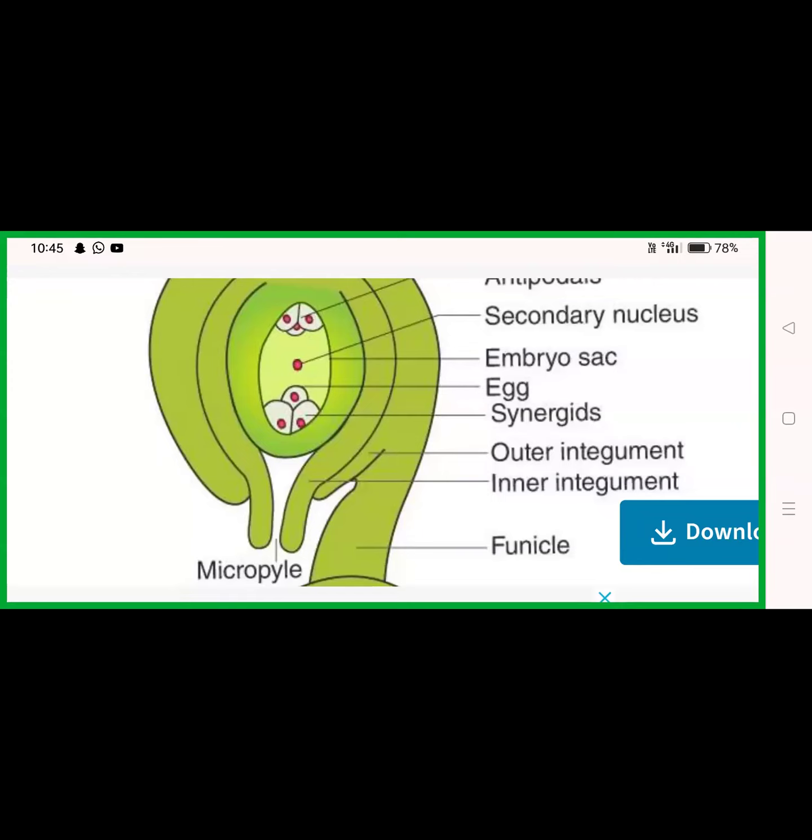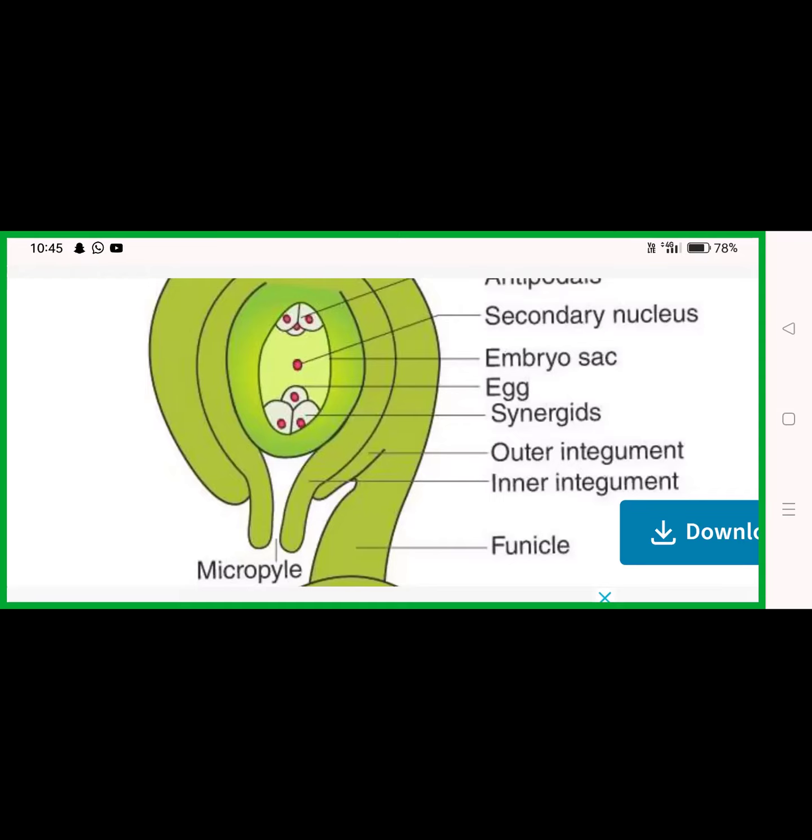Parthenogenesis means without fertilization the egg cell develops into an embryo, whereas in apogamy, the remaining cells other than the egg develop as an embryo. Examples are Allium and Iris.